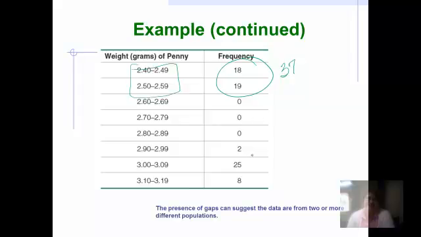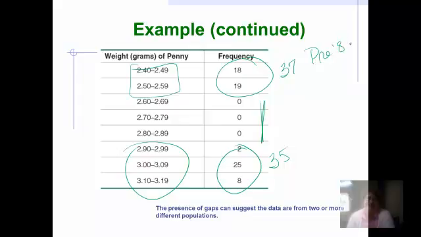We have 35 that are here in the upper ends of the weights. Well, we don't have anybody in the middle. So this tells us that these are probably the pre-83 pennies, and these are the post-83 pennies. So we have good evidence that these are actually two different populations.